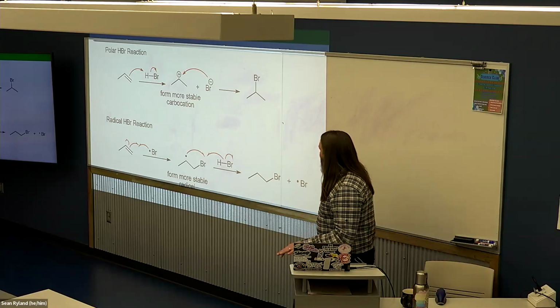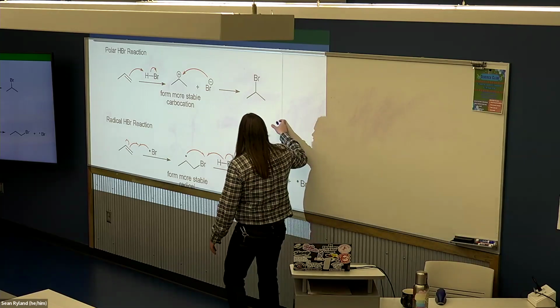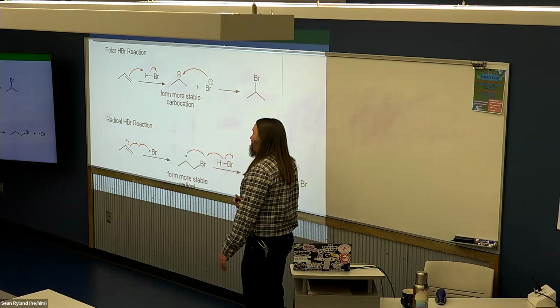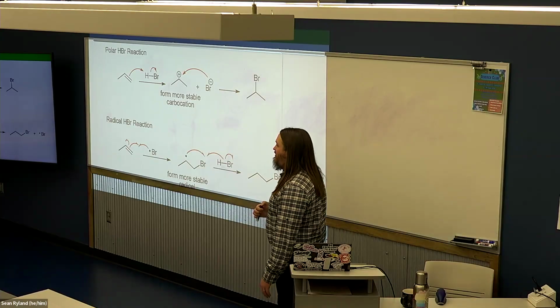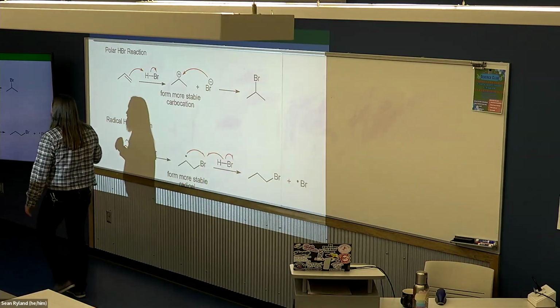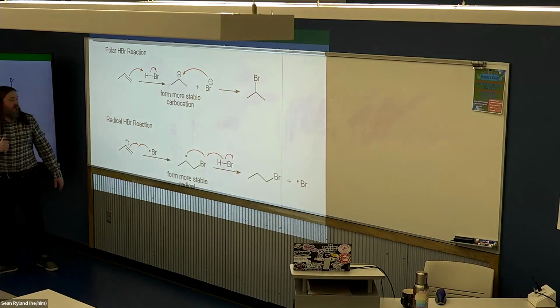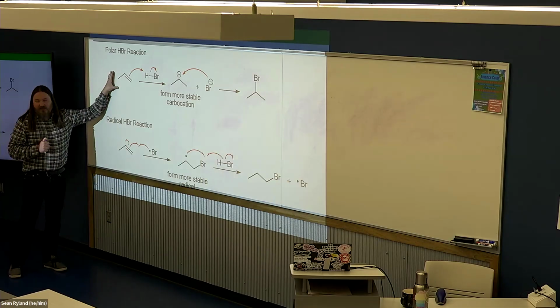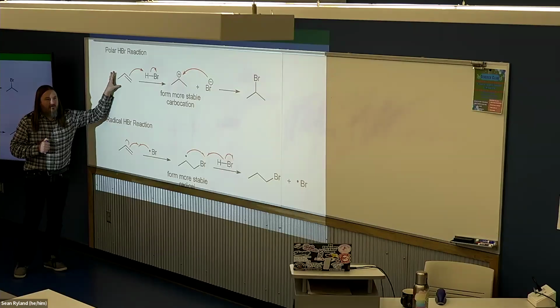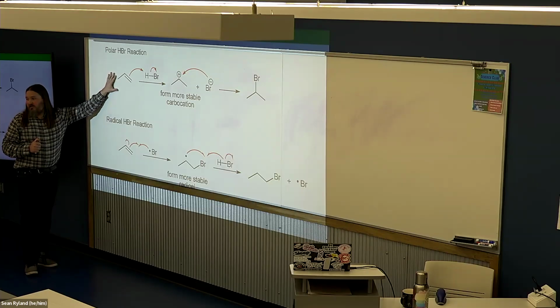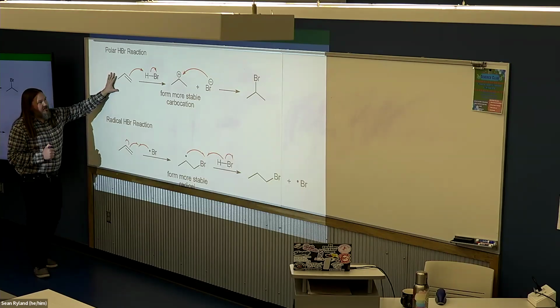All right. Let's add another one. So this actually has a really interesting backstory, a little bit. They could not figure out what was going on the first time this mechanism was published. So this is just our electrophilic addition, catalyzed hydrogenation.